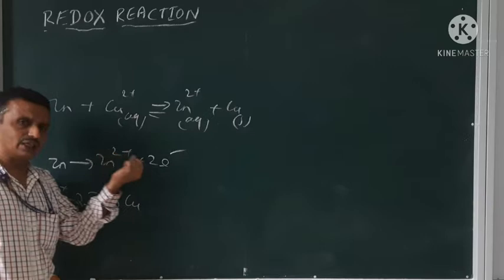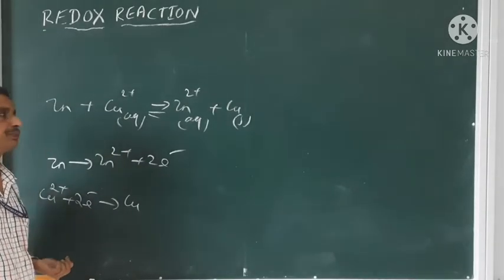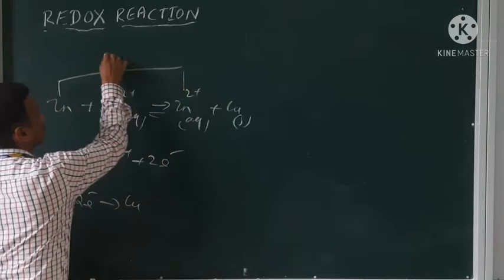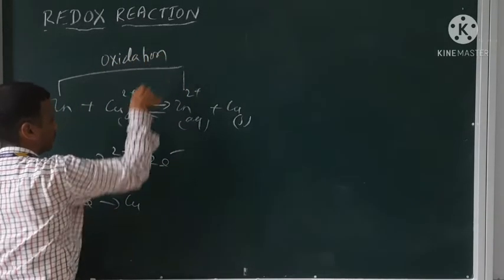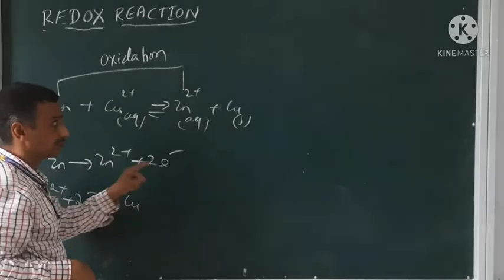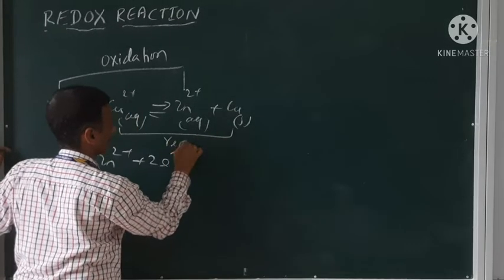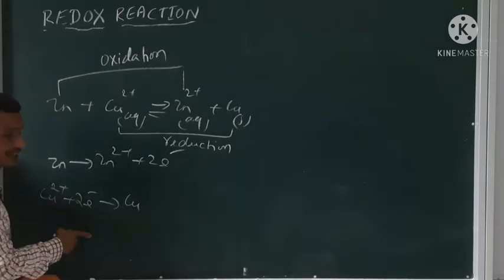So you see, zinc to zinc 2 plus is an oxidation because there is a loss of electron. Copper 2 plus to copper is a reduction because copper 2 plus is taking the electron.